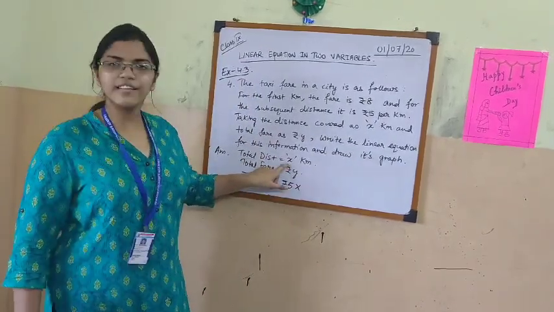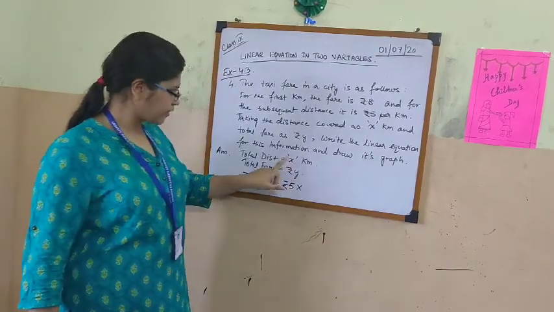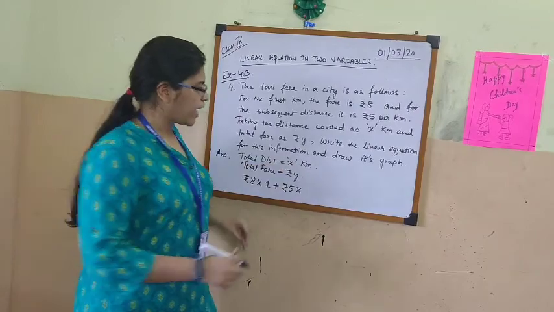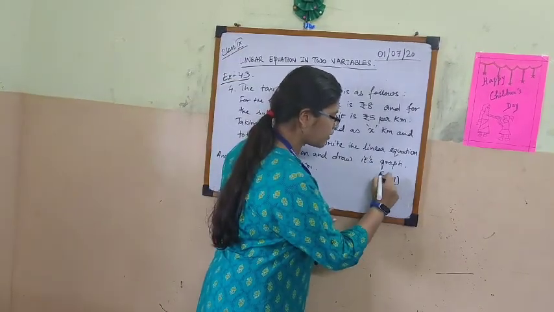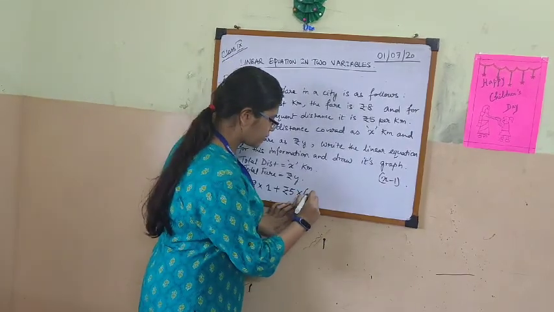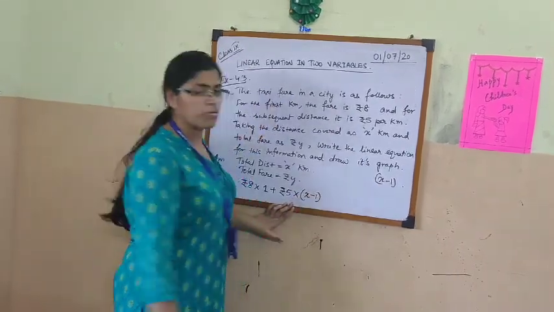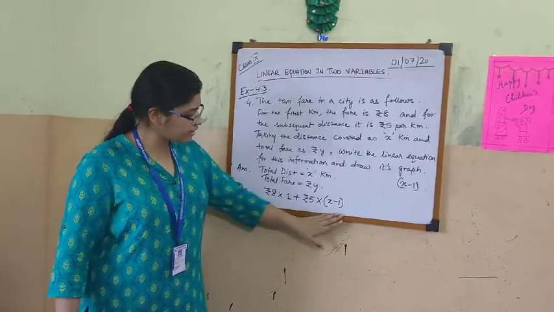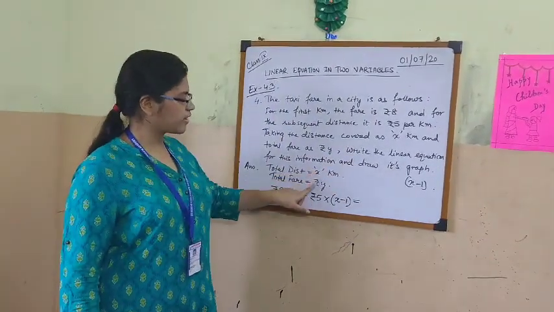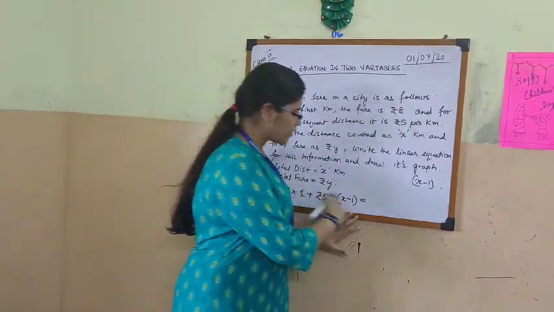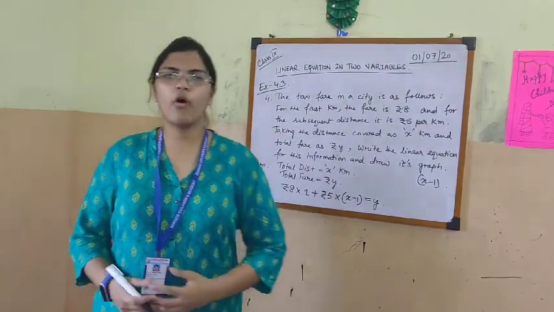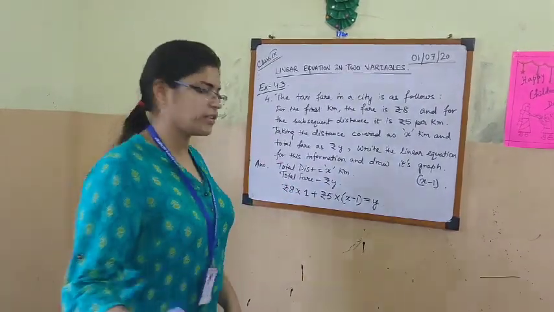If the total distance is x, and we subtract 1 from x, because 1 kilometer we have already covered, then x minus 1 will be the remaining distance. So rupees 5 we multiply with x minus 1. If we add this, we will get the total fare of the taxi, and the total fare is given as rupees y. So this will be equal to y. This is the equation that is formed from this information.